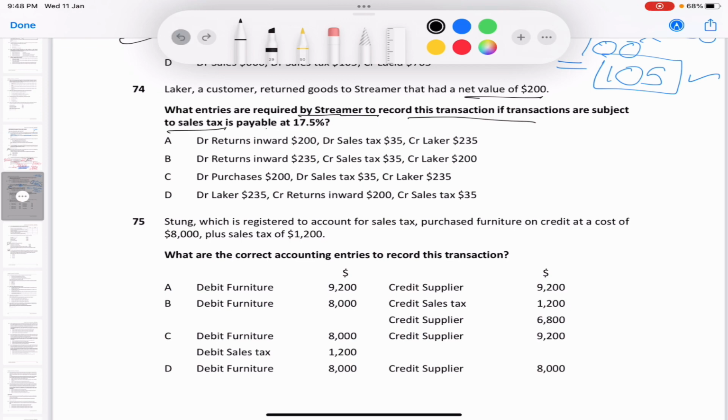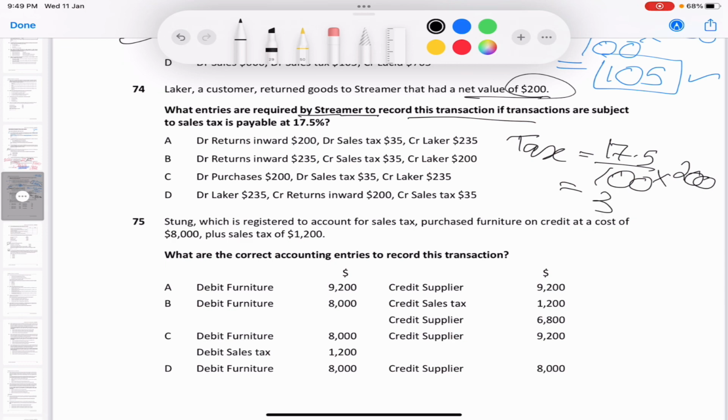First, let us find the tax. Since it is a net value, I will have 17.5 upon 100 multiplied by 200. This would give me the value of my tax, which would be 35. So my sales tax would be 35.